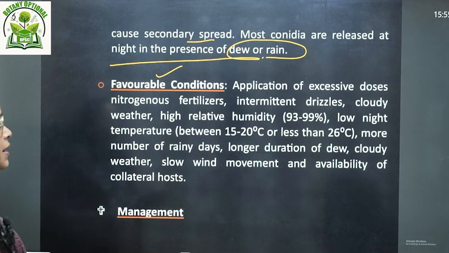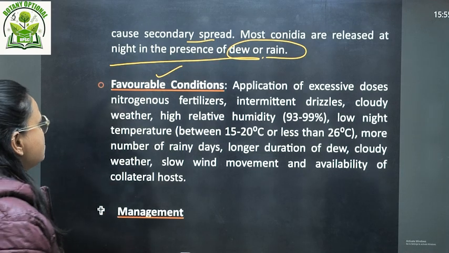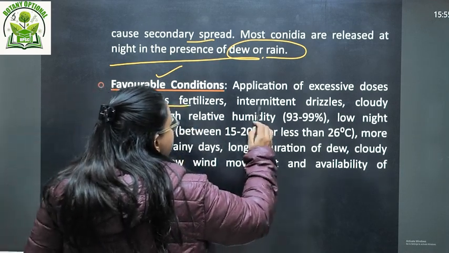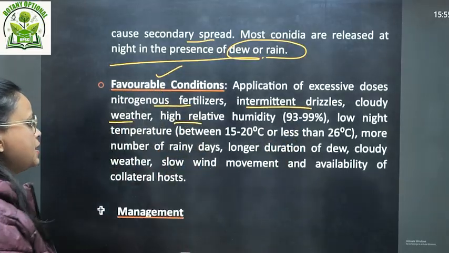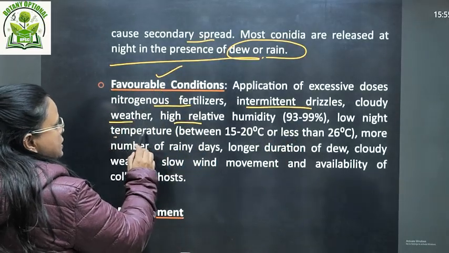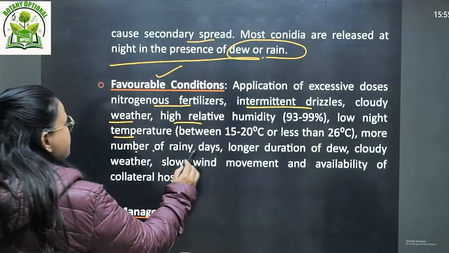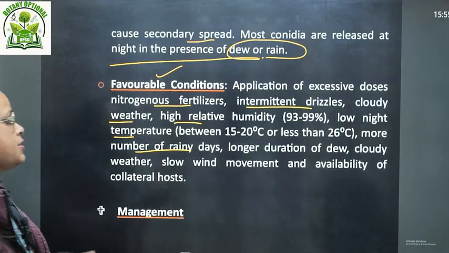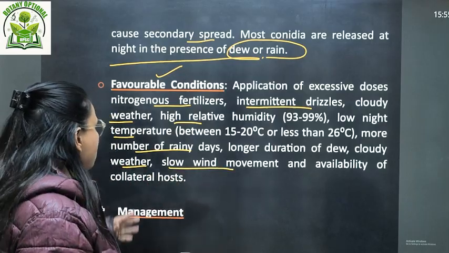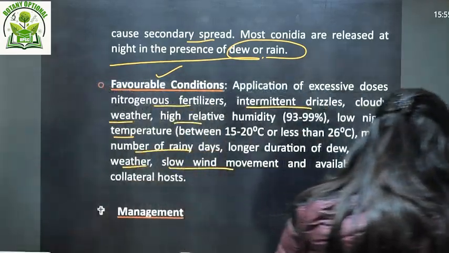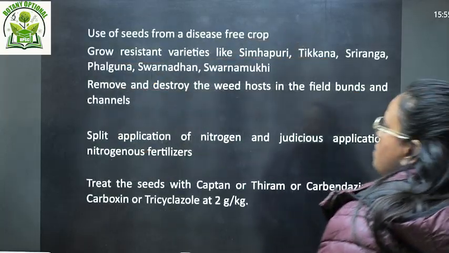Now the favorable conditions: application of excessive doses of nitrogenous fertilizer, intermittent drizzle, cloudy weather, high relative humidity, low night temperature, more number of rainy days, larger duration of dew, cloudy weather, slow wind movement. These are all available to the collateral hosts.